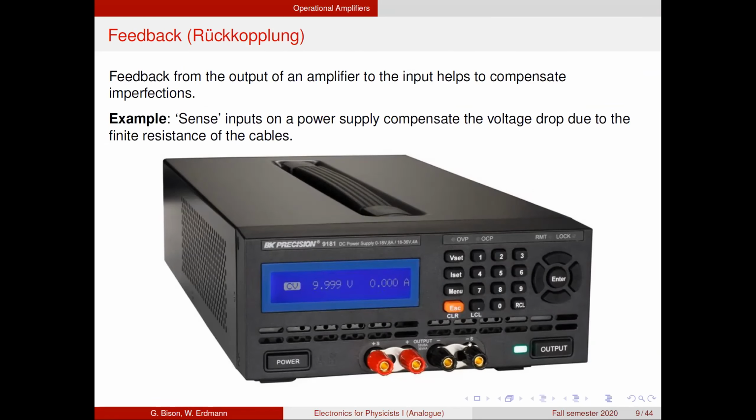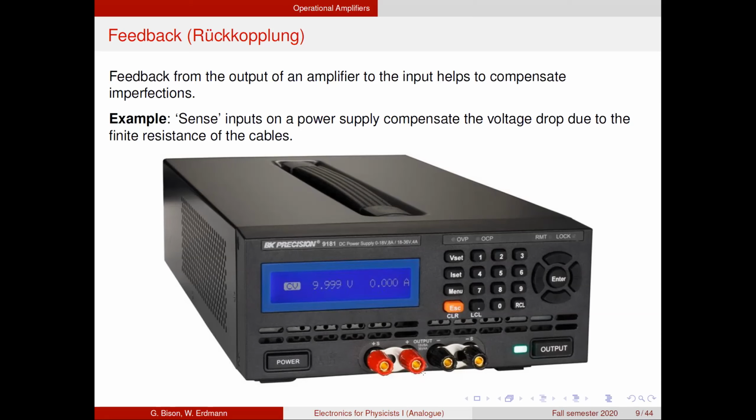Now if you set your power supply to 9 volts, or in this case almost 10, and there would be something, for example a long cable that causes a voltage drop, then the power supply can actually provide a larger voltage such that at the point where you measure the voltage, it is what you want it to be.